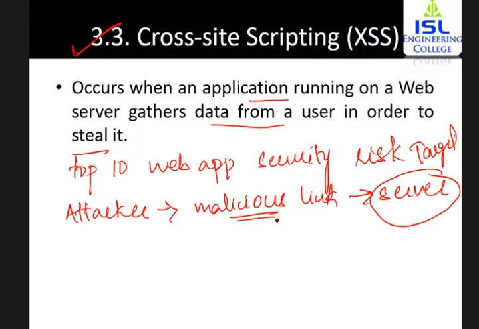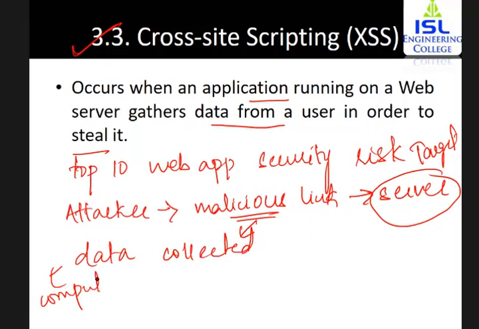When this link is given on the target server, a person scrolling on a specific website is not going to identify, or even think, that this is a malicious link. When he clicks on that, all the data is collected by this malicious link from your computer, and then it can be used.